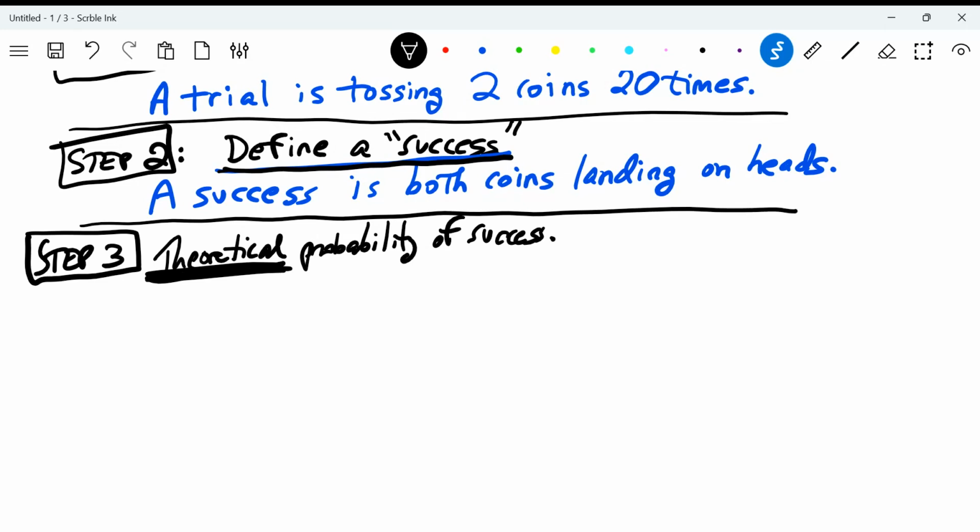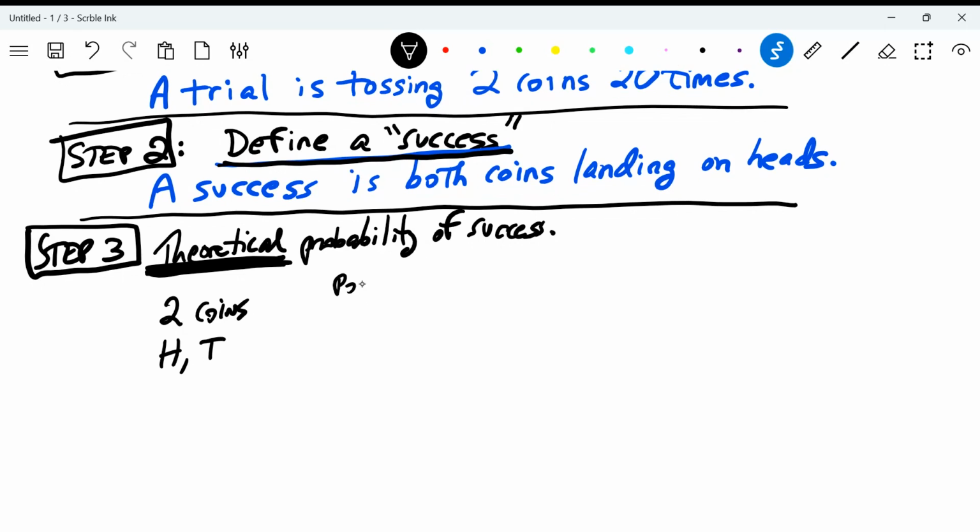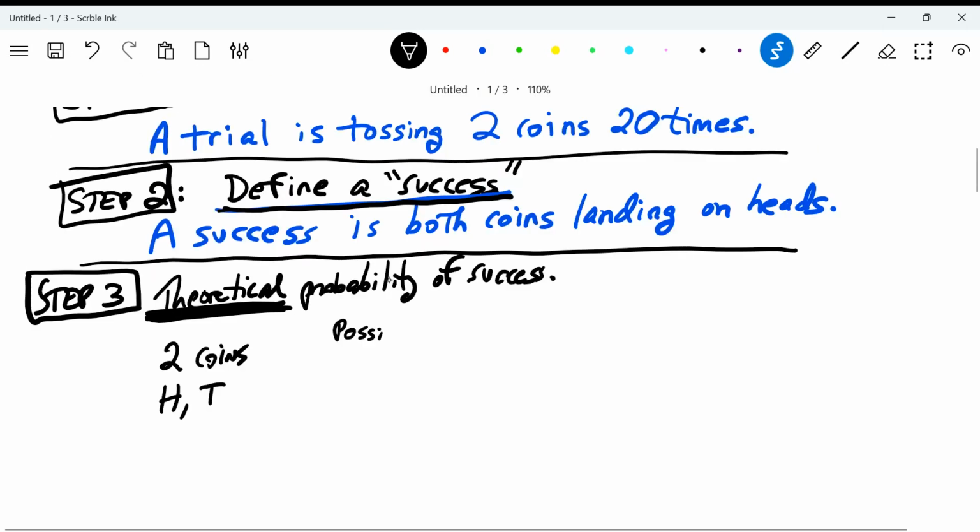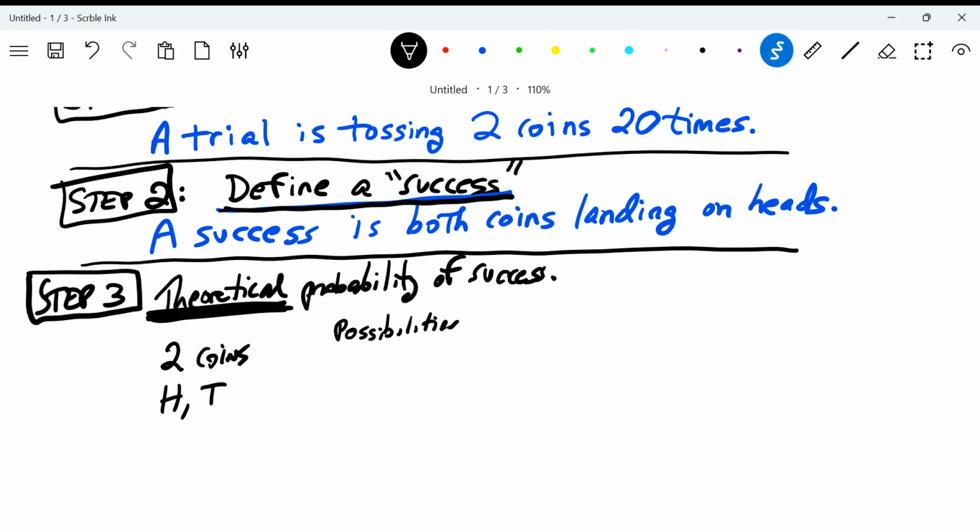So for the theoretical probability of success, let's do a way of thinking about a drawing that shows this. We have two coins. When we flip one, we can get heads or we can get tails. So I am going to list the possibilities.